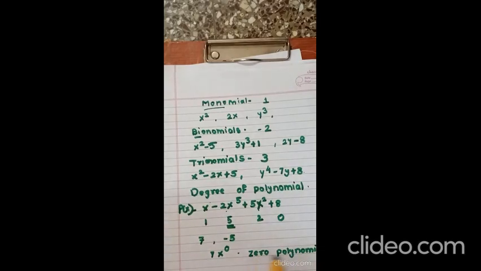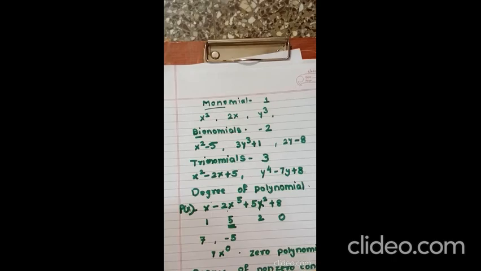And it is a non-zero constant. So the degree of a non-zero constant polynomial is 0.